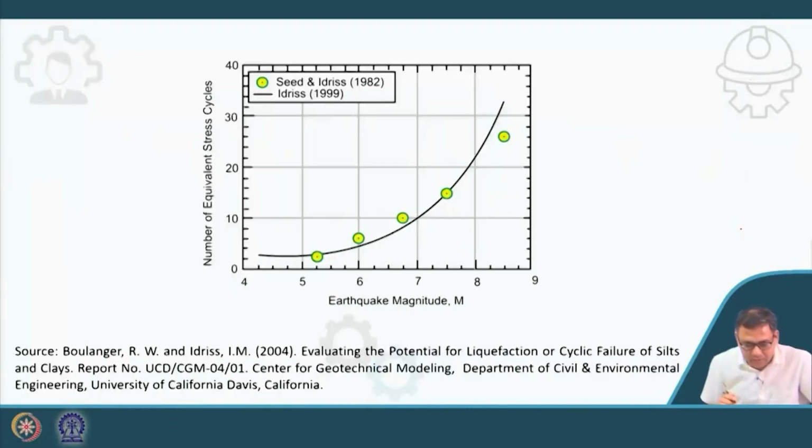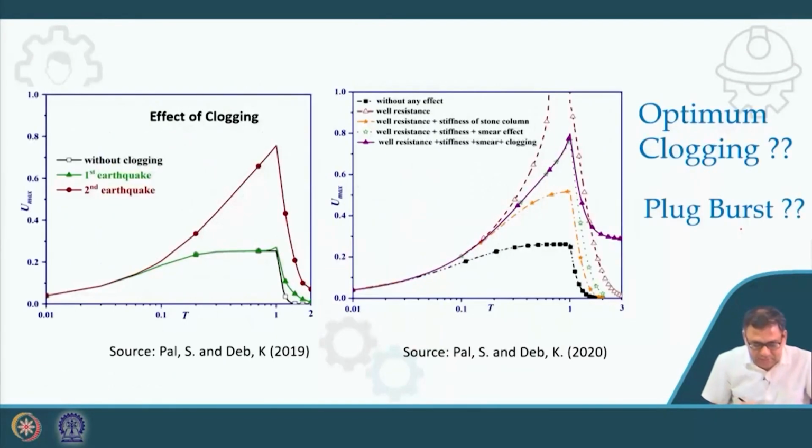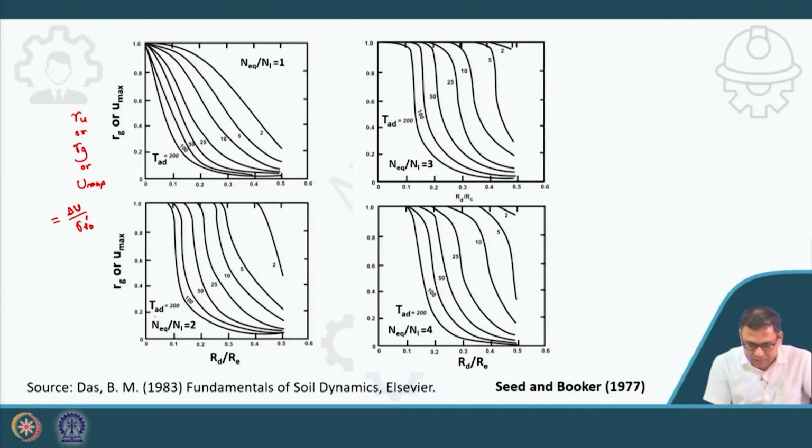So now if I go to this chart, you can see this is the chart we will use, where TAD is 25, that means this is 25, and your RU is 0.4, that we are taking.